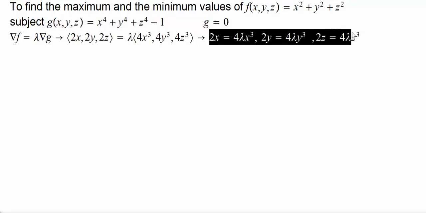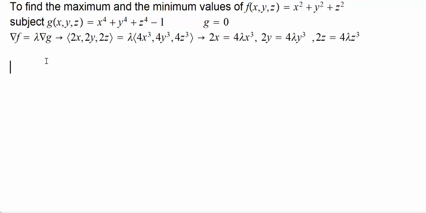Now we want to eliminate lambda among these three equations. One problem that will come is when x or y or z is 0, because then we get the equation 0 equals 0. So what we do when we are analyzing something in this manner is split it into cases.